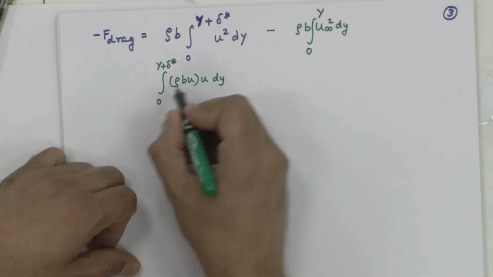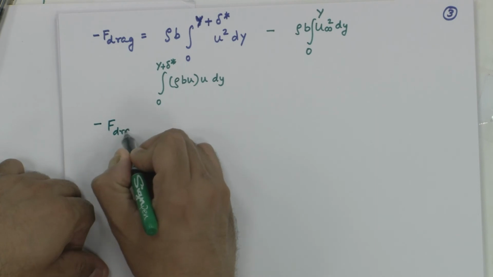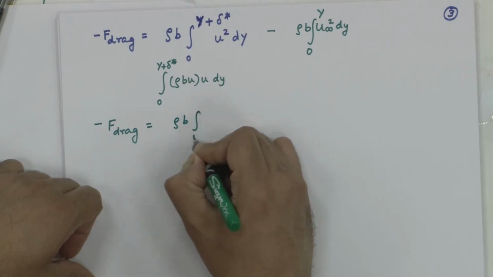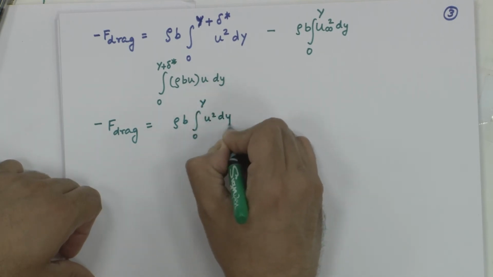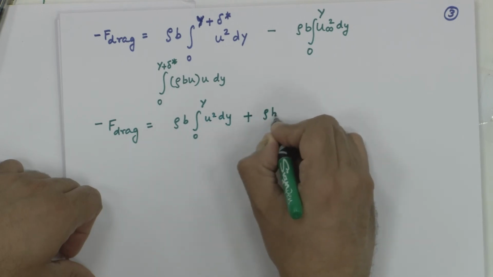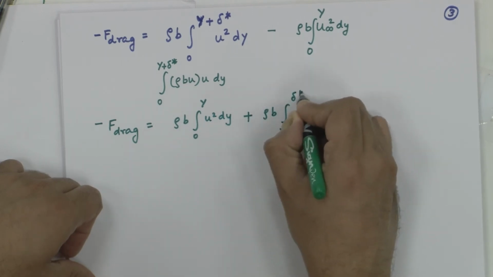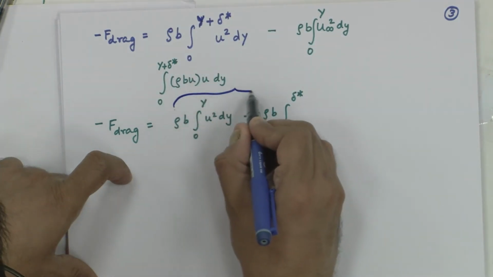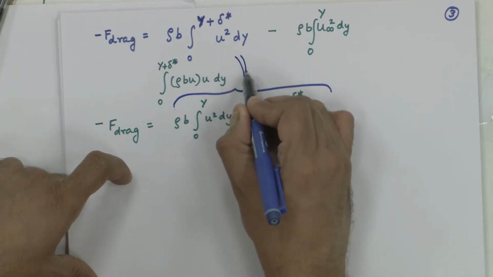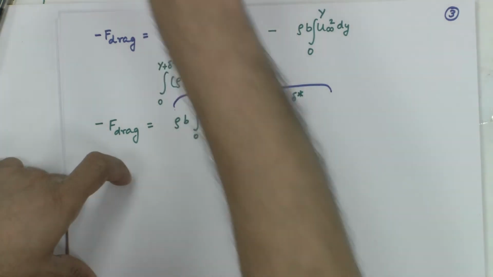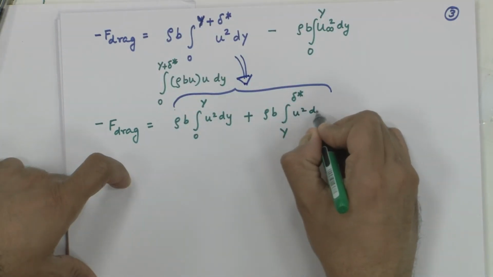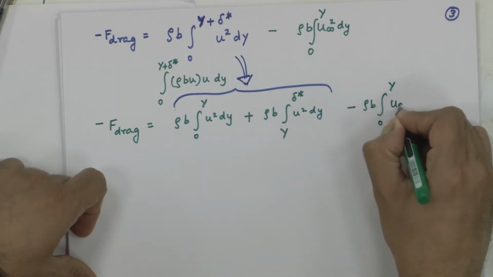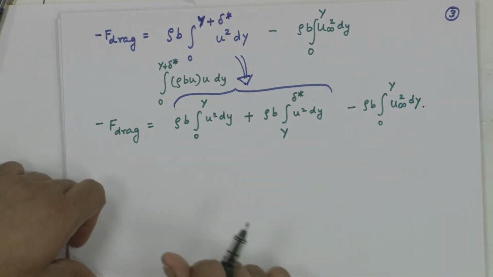So, if I simplify this, minus F drag is equal to rho b integral 0 to capital Y u squared dy plus rho b integral capital Y to Y plus delta star u squared dy. I have just split this into 2, minus rho b integral 0 to capital Y u infinity squared dy as it is.